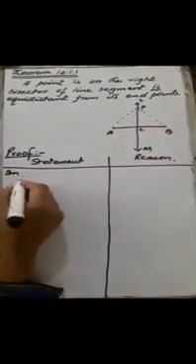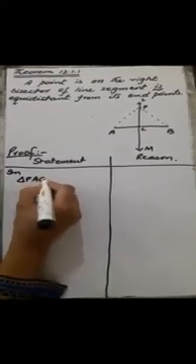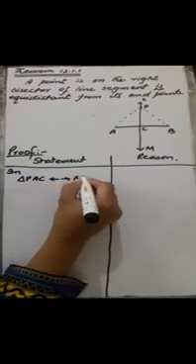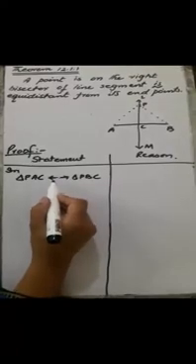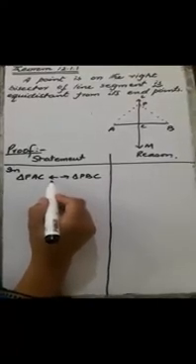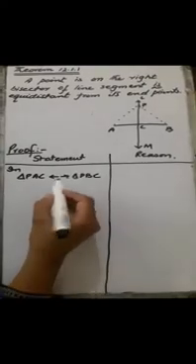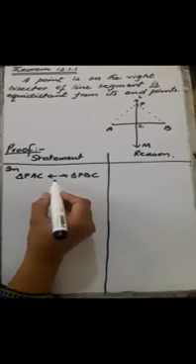So we will write: in triangle PAC corresponding to triangle PBC. This is the symbol of correspondence, meaning they are not yet shown congruent. When we get the congruency, then we will put the symbol of congruency.